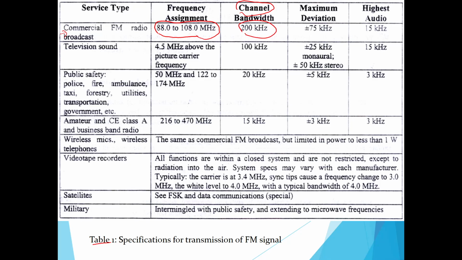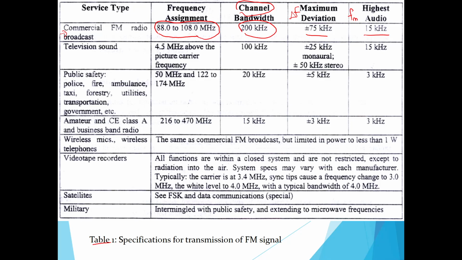You can have less but no more than 200. The maximum deviation, delta F, by the standard is plus or minus 75 kilohertz, and the highest audio modulating signal frequency is 15 kilohertz.